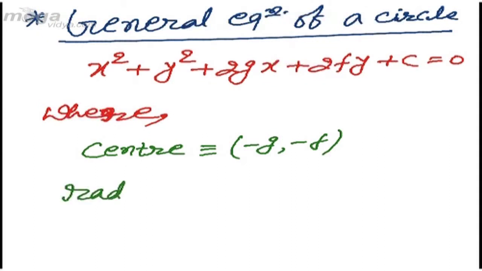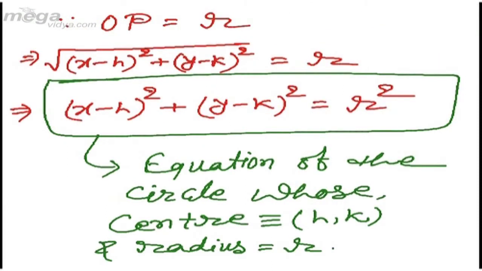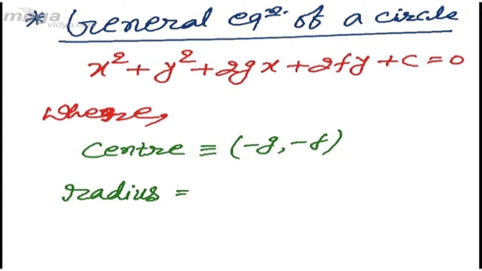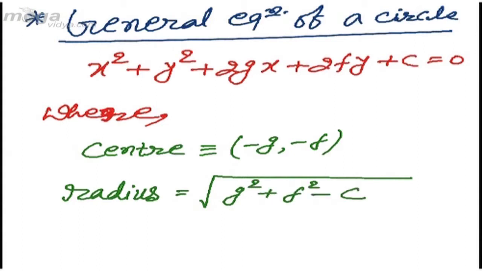Now the radius is, we can see here, the c is equal to h square plus k square minus r square. So r square is equal to h square plus k square minus c, and hence r is equal to root under h square plus k square minus c, and because in place of h we will write minus g, it becomes g square plus f square minus c.